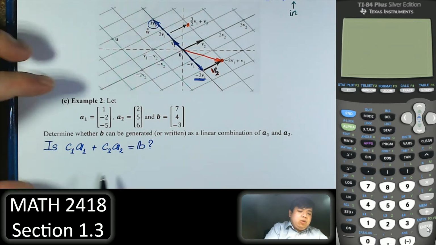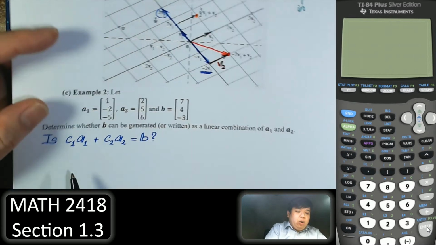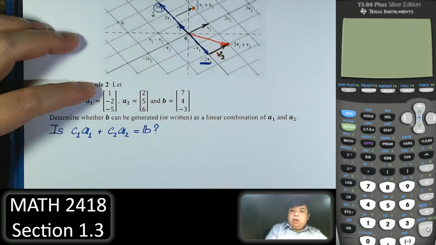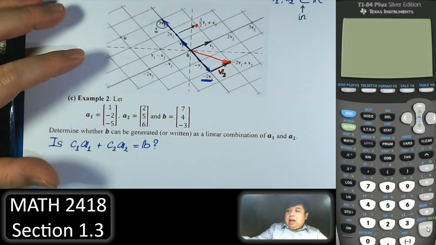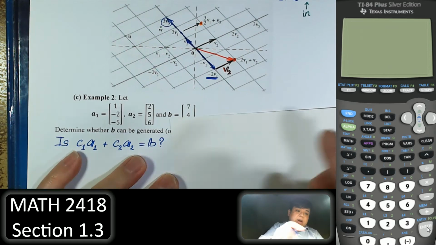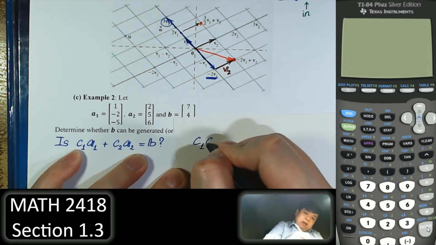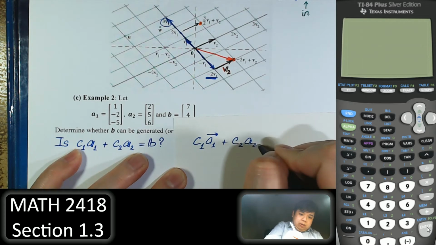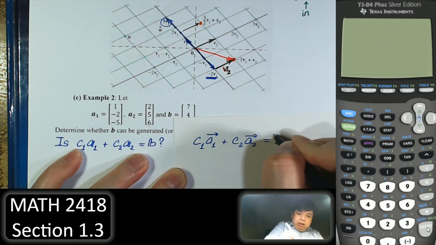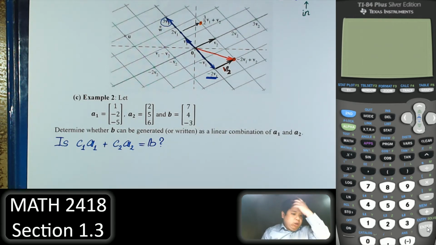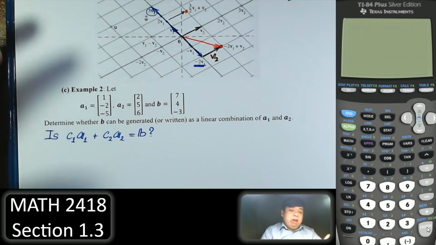Right, so that is in vector form. Notice that I distinguish the vector and the constant. Again, if you do not like the boldface notation, just use the arrowhead. So c1 a1 plus c2 a2 equals vector b. In math, usually they use boldface for the vector.